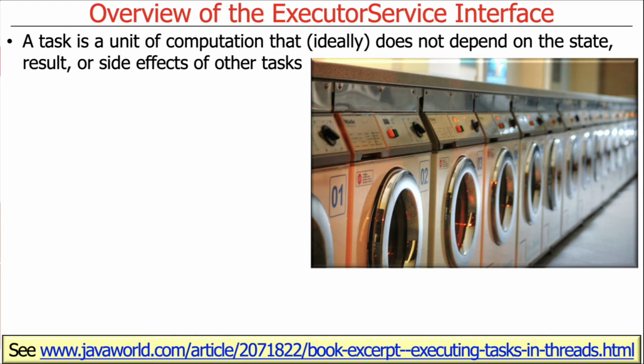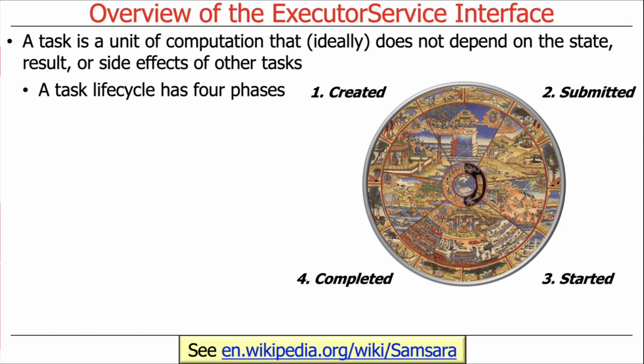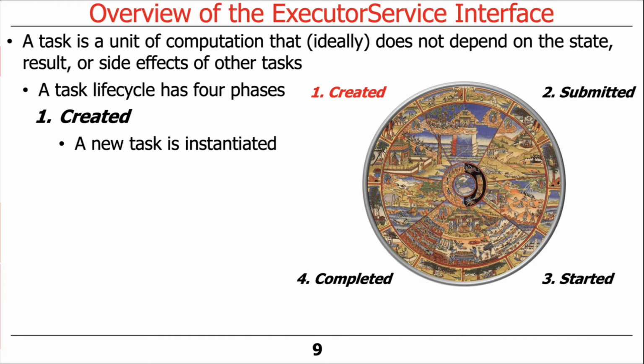As we talked about earlier, but now in a bit more detail, a task is a unit of computation that ideally doesn't depend on the state, result, or side effects of other tasks. In other words, it's embarrassingly parallel. The task lifecycle has 4 phases. Once again, we see the wheel of creation and destruction here: created, submitted, started, completed.